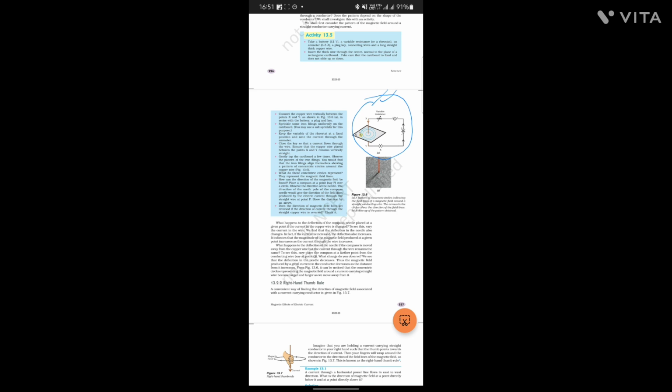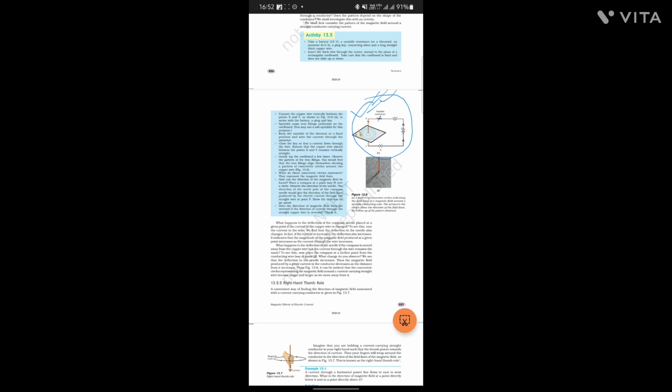Another question that may be formed is you may be asked to draw the magnetic field around a straight current carrying conductor and list the factors on which the magnetic field strength depends, or how can we increase the magnetic field strength. So these kinds of questions may be framed from this part.